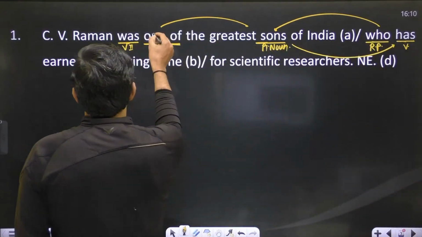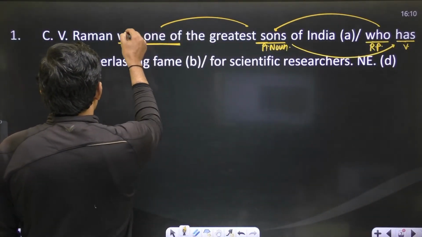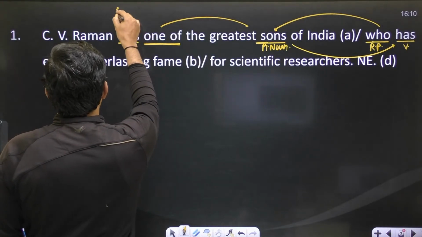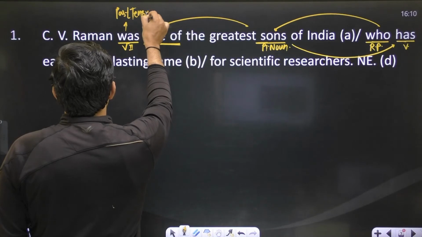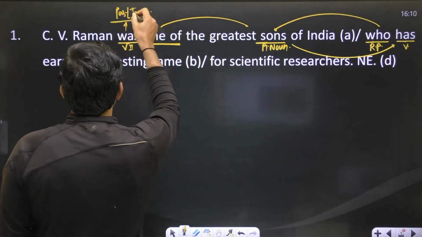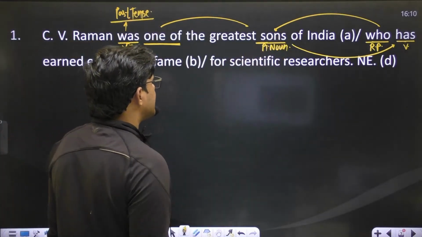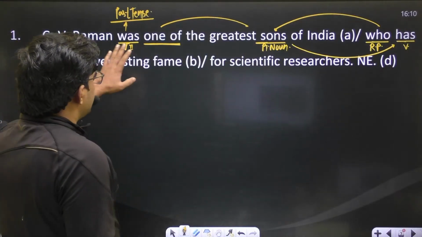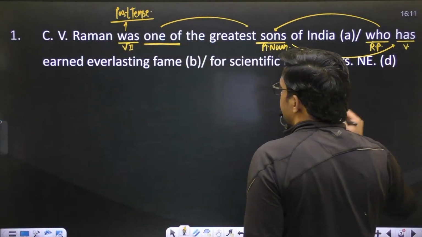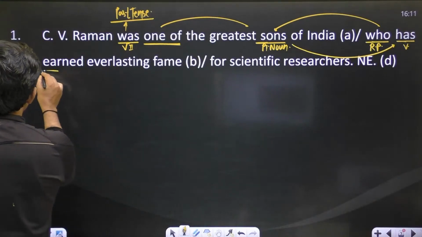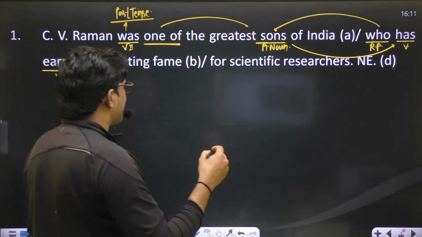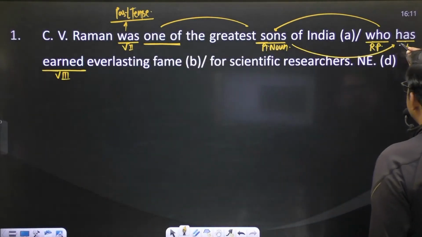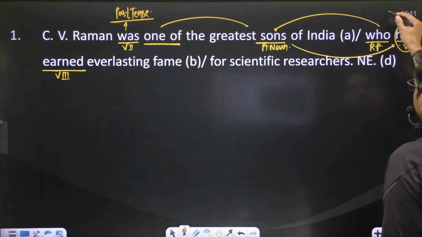The word "was" is in past tense, so accordingly you have to maintain the similar tense, past tense, in the next clauses. But in this clause, "has earned" is present perfect, and we need past, so replace the verb "has" with "had".